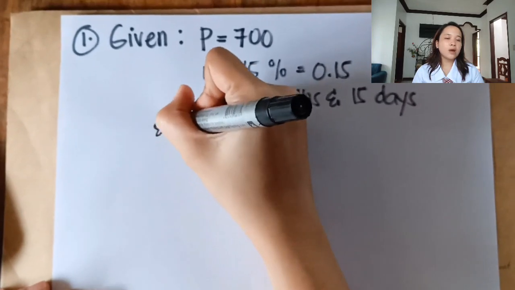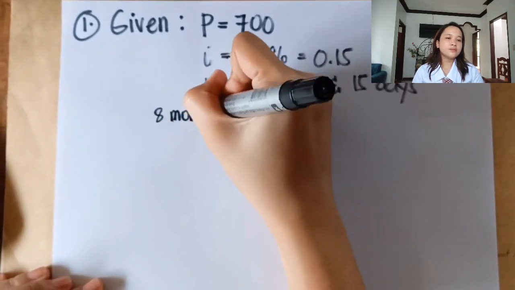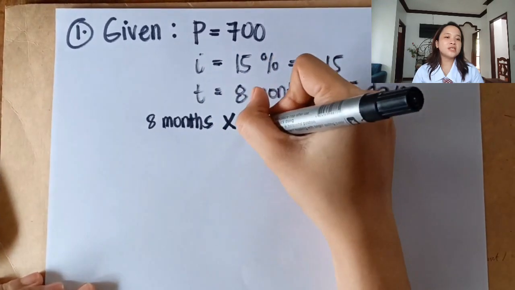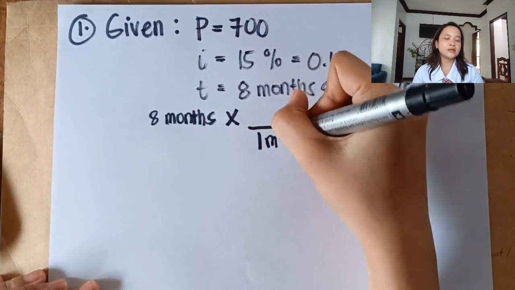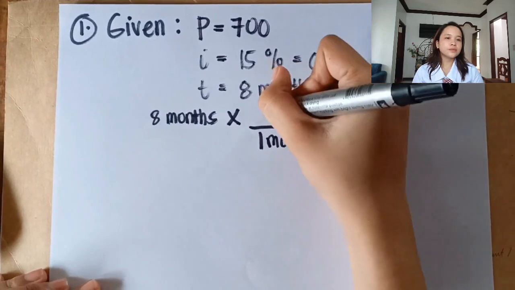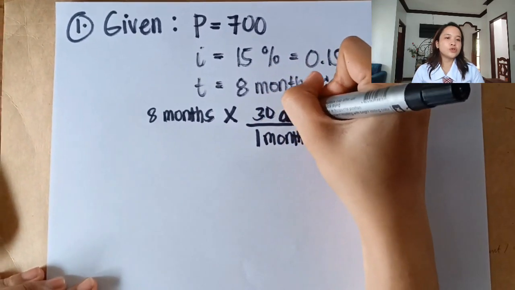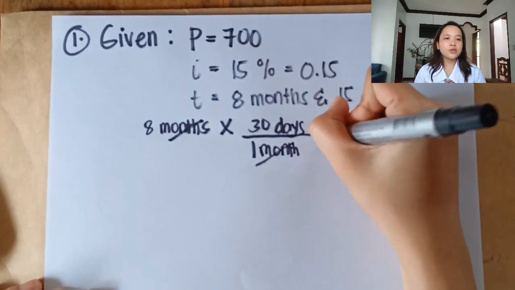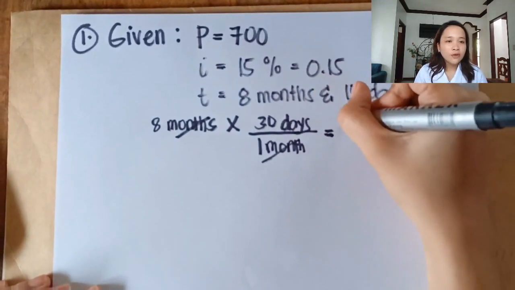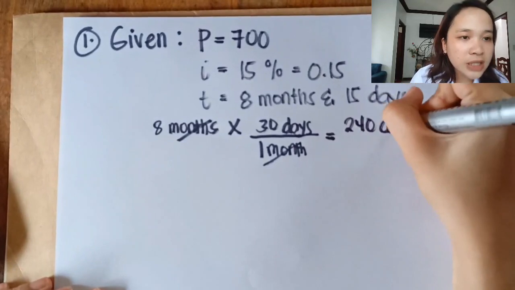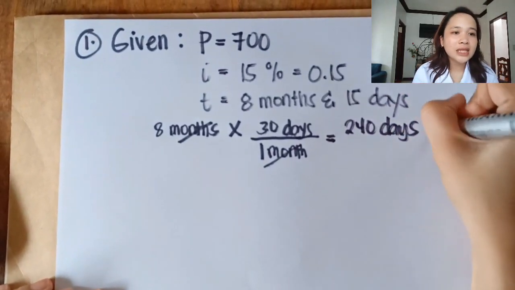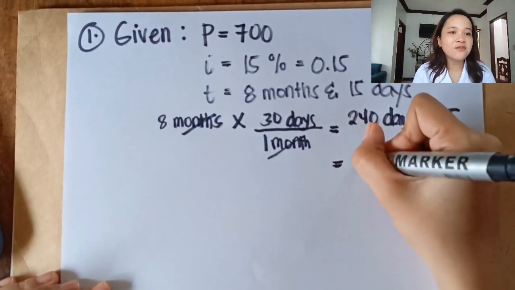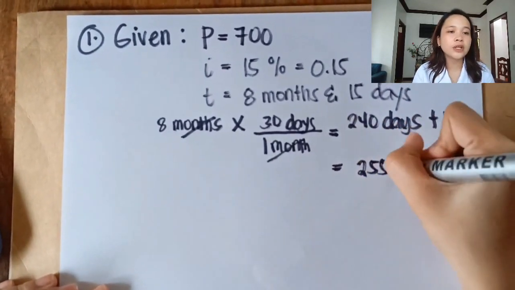We have 8 months multiplied by 1 month, and 1 month is equivalent to 30 days. So we multiply 8 times 30, which is 240 days, plus the 15 days, so we have 255 days for our time.